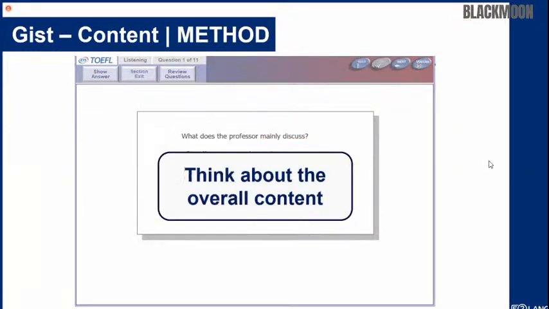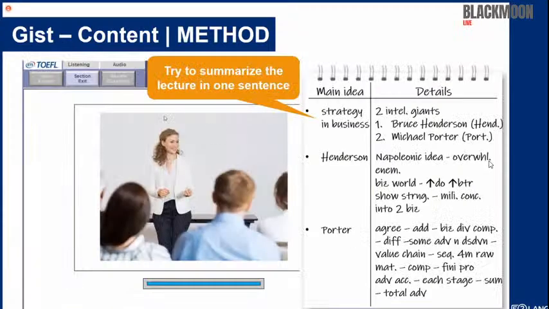Step 3 is to think about the overall content. Before reading the answer options, I want you to try to summarize the lecture in one sentence. It doesn't have to be a grammatically correct sentence or anything.